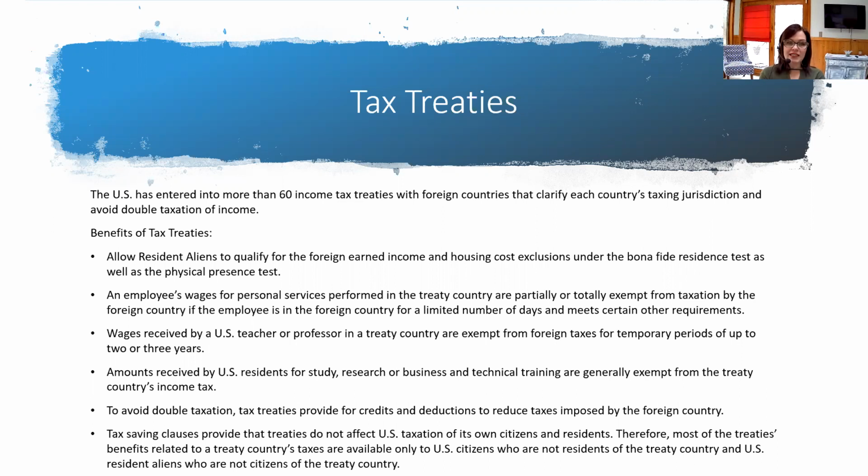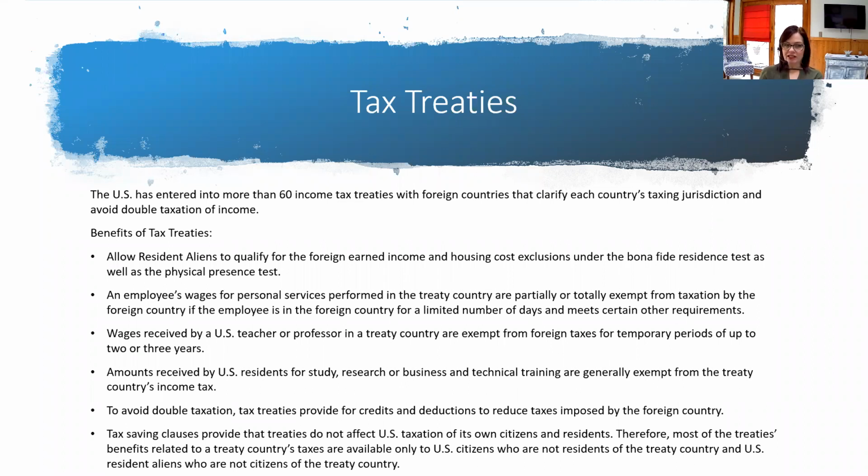Wages received by a U.S. teacher or professor in a treaty country are exempt from foreign taxes for temporary periods of up to 2 or 3 years. Amounts received by U.S. residents for study, research, or business and technical training are generally exempt from the treaty country's income taxes.